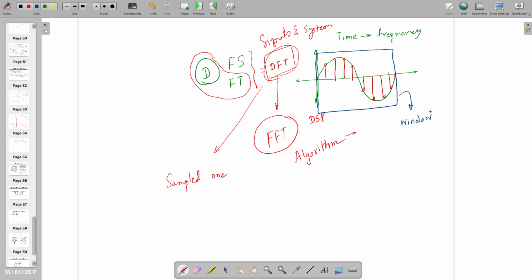And after running so many windows, one after one, if you are adding all of them, this is called autoregressive moving average, ARMA modeling, right? That is how you must have studied somewhere, if you have studied DSP. If you have not studied DSP, you cannot follow any of this. But this is how it happens, and you may have different windows. If you are taking this window, it's a rectangular window.